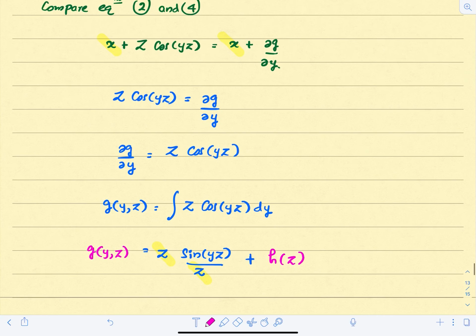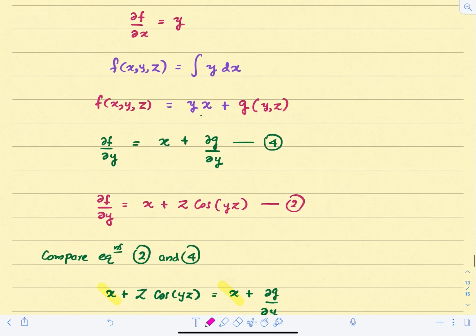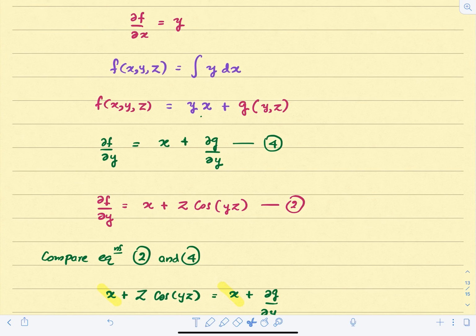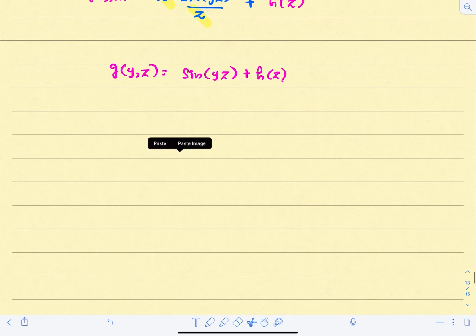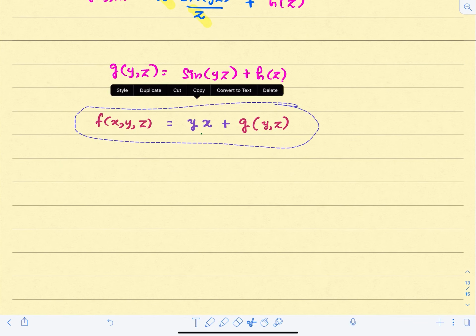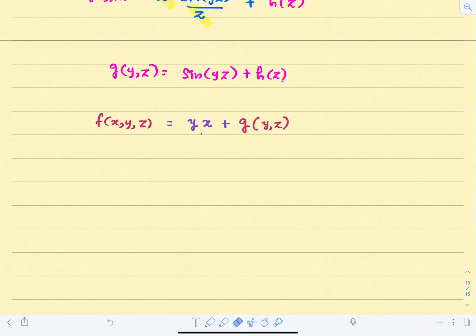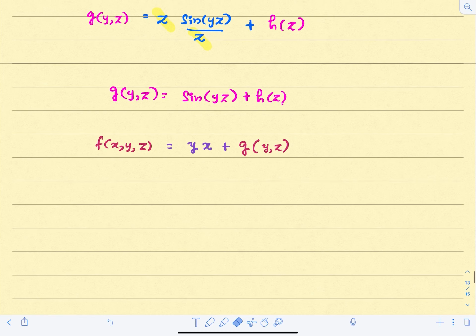Now let's go ahead and update our function f. Initially we have our little f equals x times y plus g of y, z, but here we found that g of y, z equals sine of yz plus h of z.